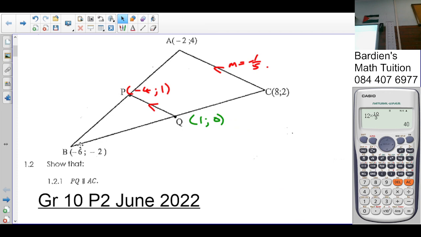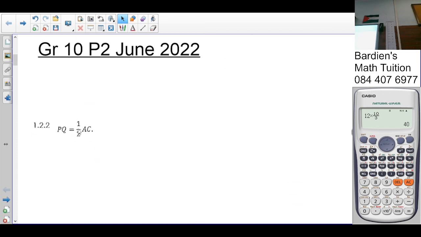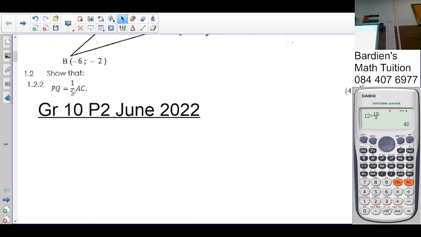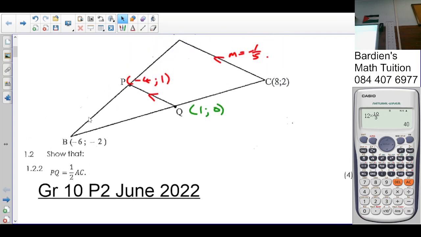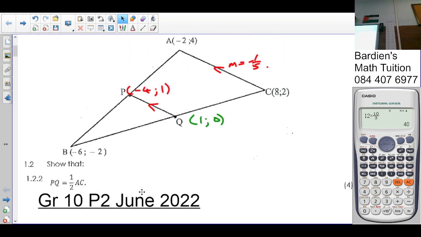The next question says show that PQ is equal to a half AC. So here we need to work out distance formula. Okay. Distance formula is going to come into play here.